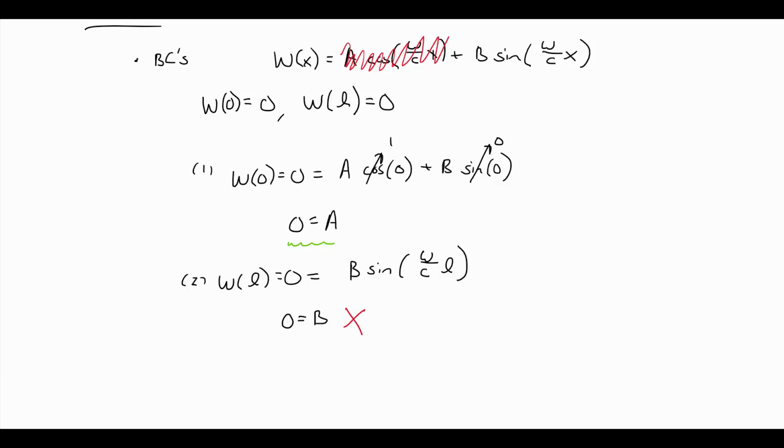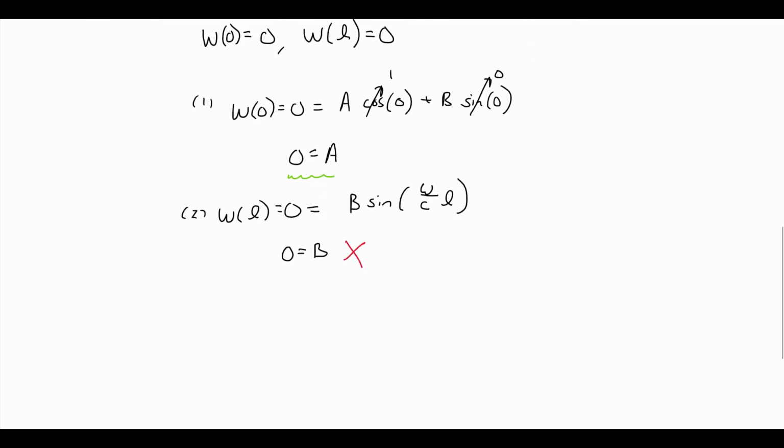So instead, that means we still have to be able to satisfy this boundary condition, but we can't satisfy it with b equals 0. So instead, this omega that we kind of invented as part of this process, that must be the thing that's going to make this equal to 0 and satisfy this boundary condition. So the b, because it cannot be 0, I can actually just divide through by the b and not worry about it right now.